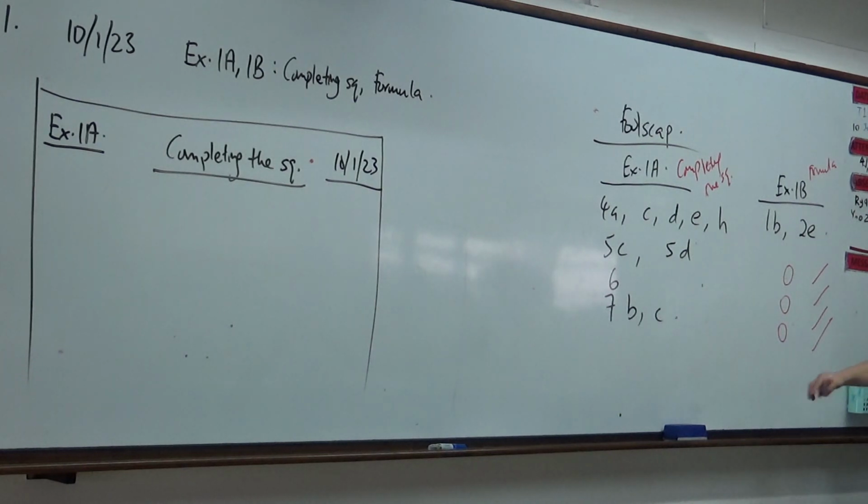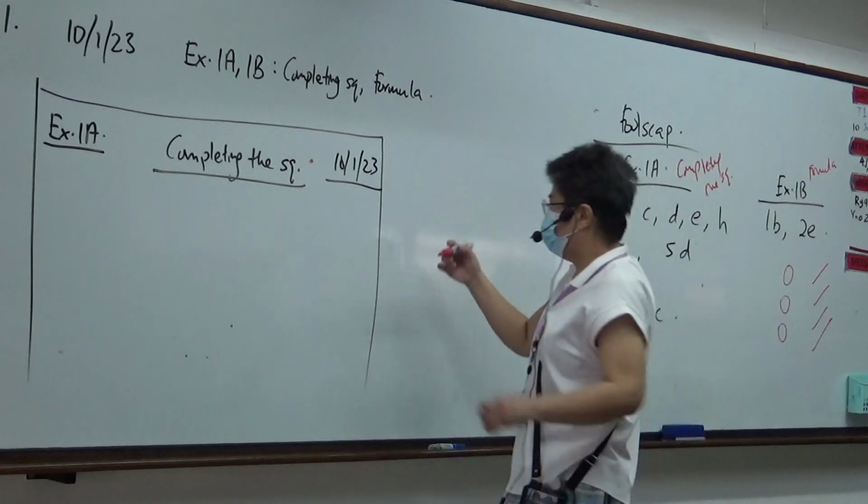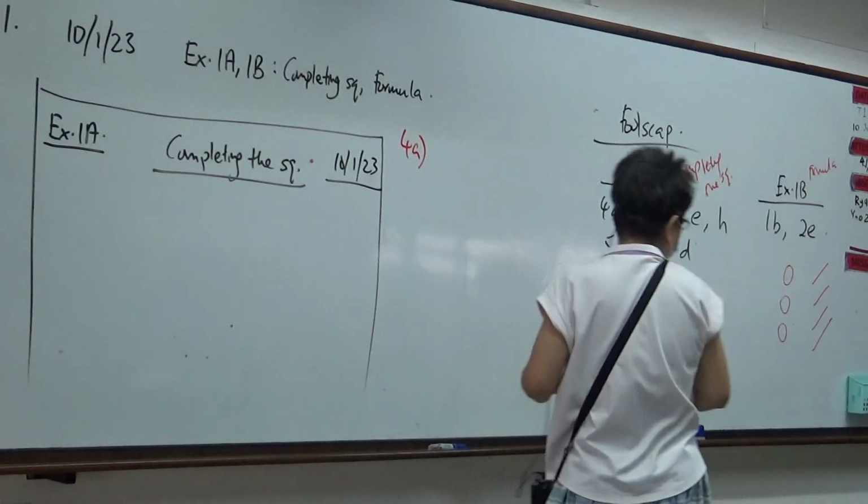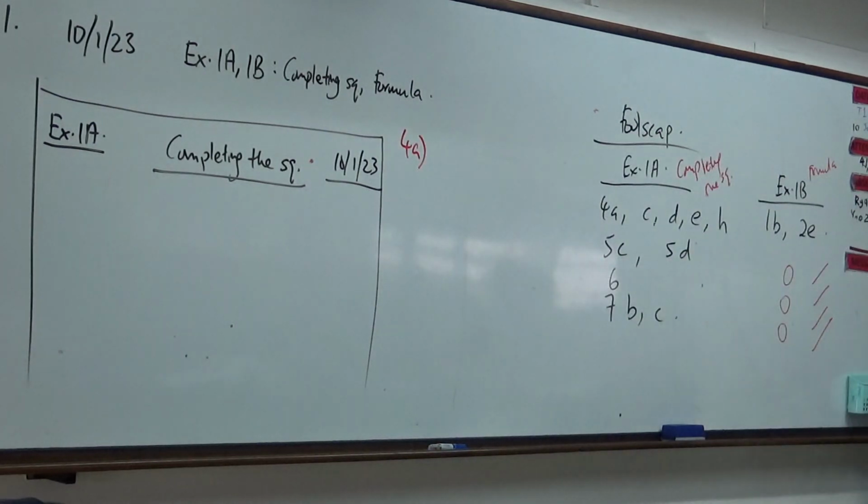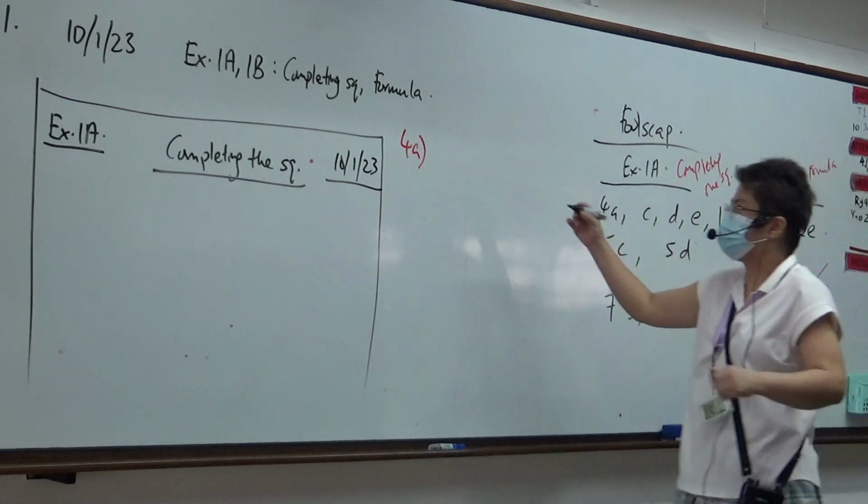Yeah. Now, I will start 4A with you to show you how to present. Alright? Let's take a look at 4A. Express each of the following expressions in the form (x plus r) squared plus u. 4A, x squared minus 6x plus 1.